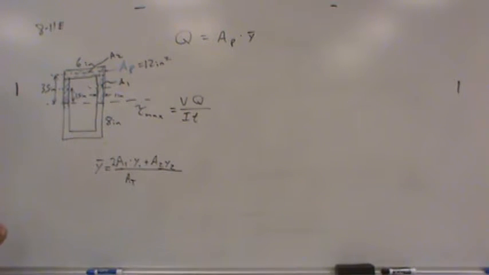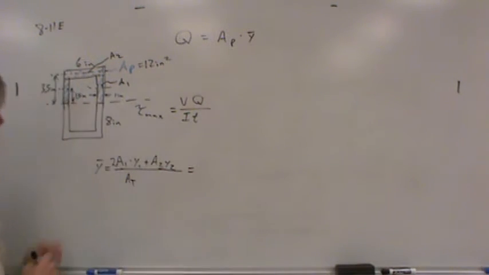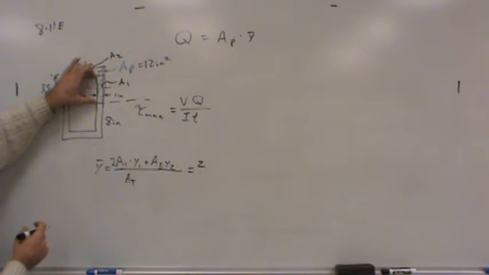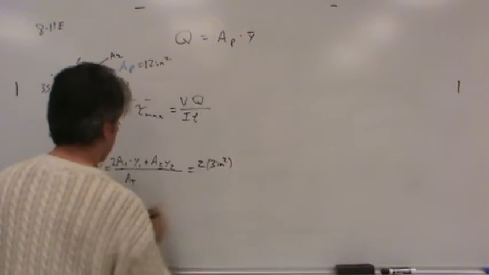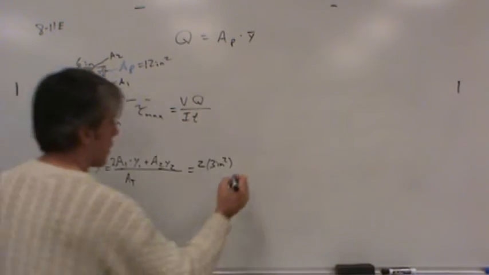Does that make sense? So let's continue this way. So 2 times A1, A1 is the 1 inch by 3 inch, so that's 3 square inches. y1 is the height to the centroid of that area, which we've already decided is 1.5 inches.